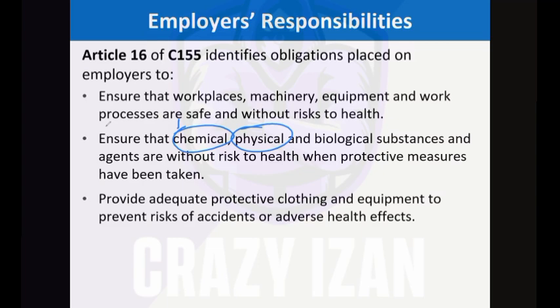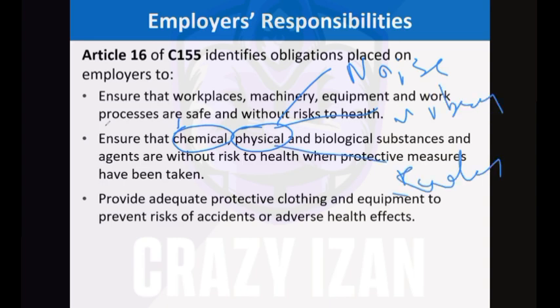Physical agents. The employer's responsibility is to protect the workers against physical agents in the workplace. What are physical agents? Physical agents are noise, vibration, radiation, heat, and temperature. So all of these are physical agents.